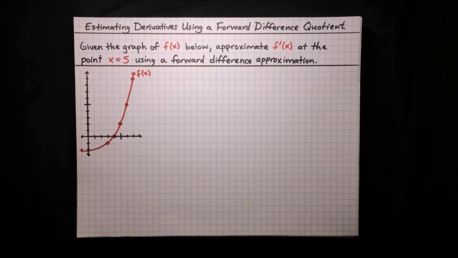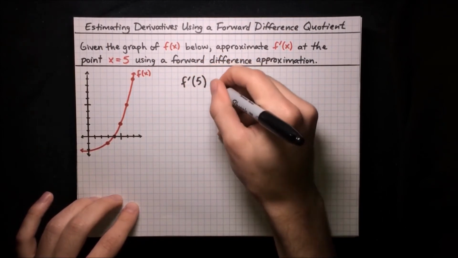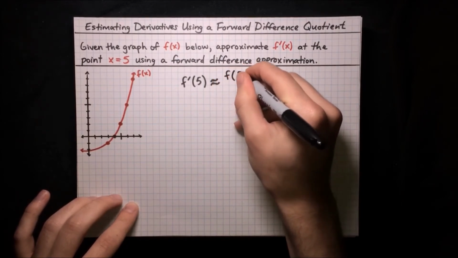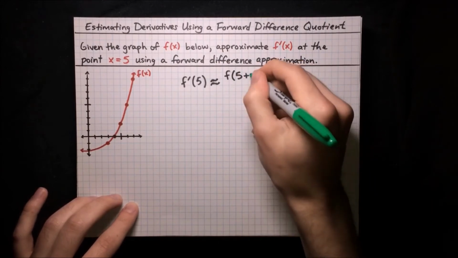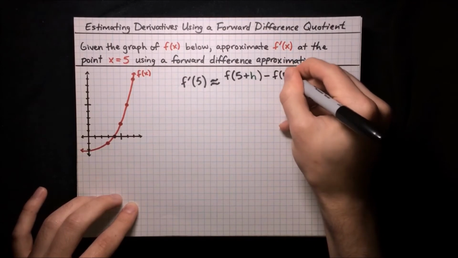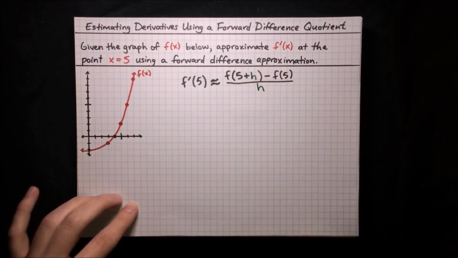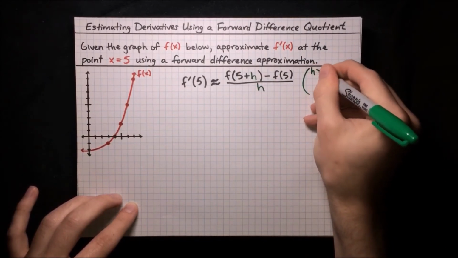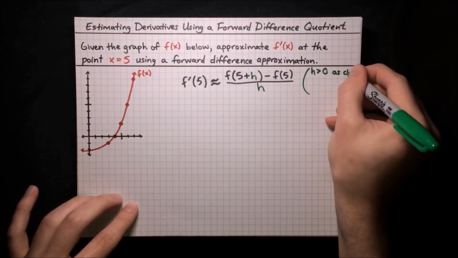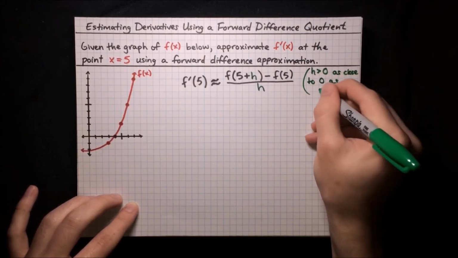Using the forward difference approximation, we have that f prime of 5 is approximately equal to the difference quotient f of 5 plus h minus f of 5, and then divided by h. And again, we're choosing h to be a positive number, greater than 0, and we want to make sure that it's as close to 0 as possible.